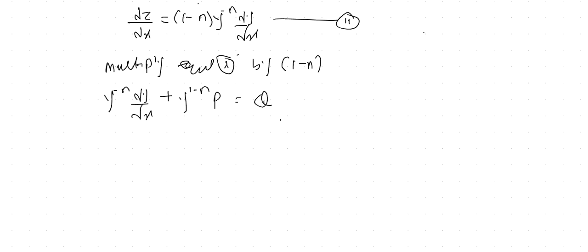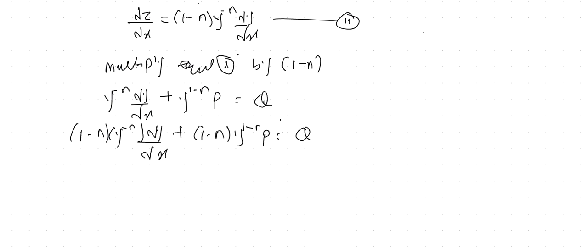We are going to have 1 minus n, y^(-n) dy/dx plus 1 minus n, y^(1-n) p equals q times 1 minus n, because it multiplies everything.